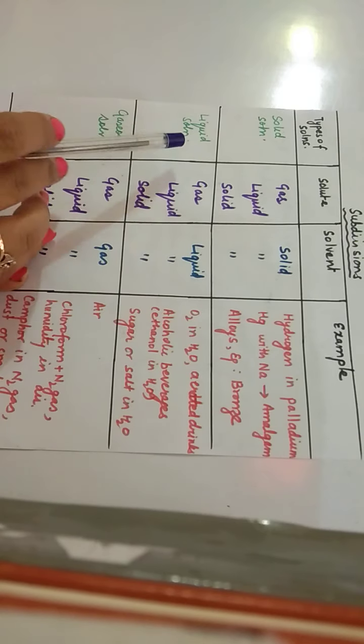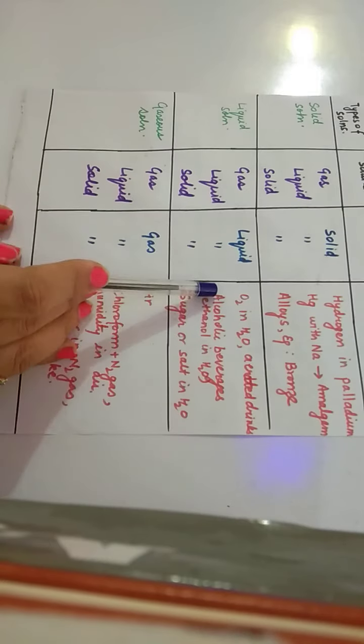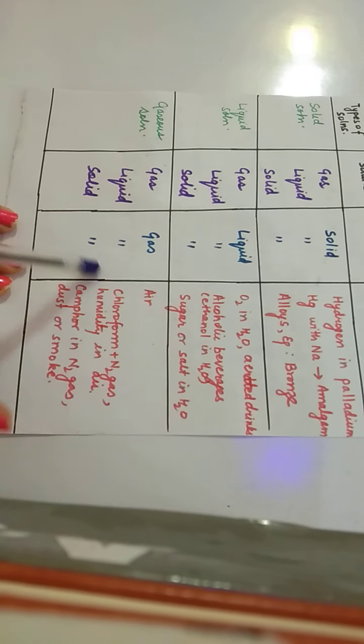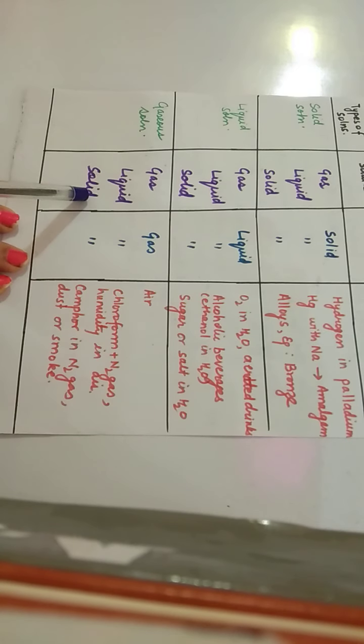In the same way, for liquid solution, the solvent will be liquid because it depends upon the physical state of the solvent, but the solute can be gas, liquid or solid. Third, the solvent is gas, but the solute can be gas, liquid or solid. Now we'll see examples of these.